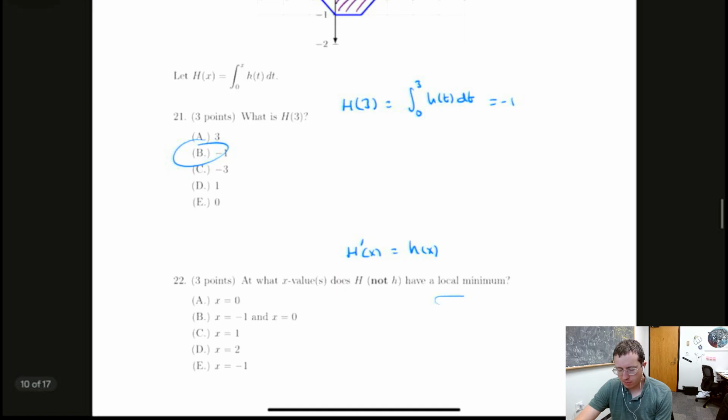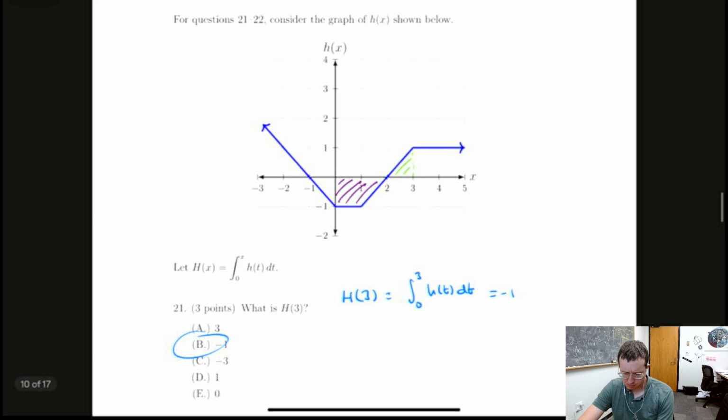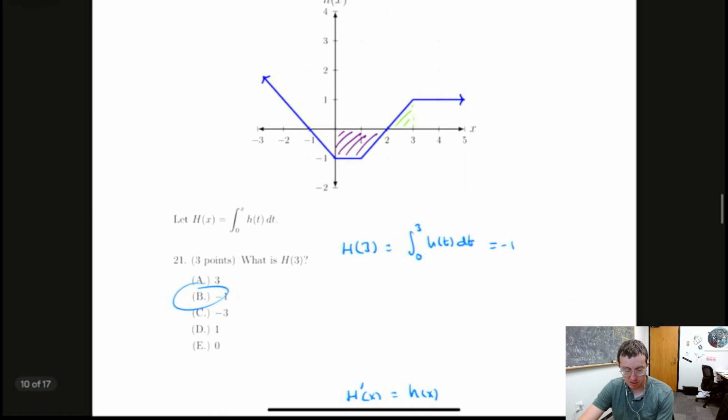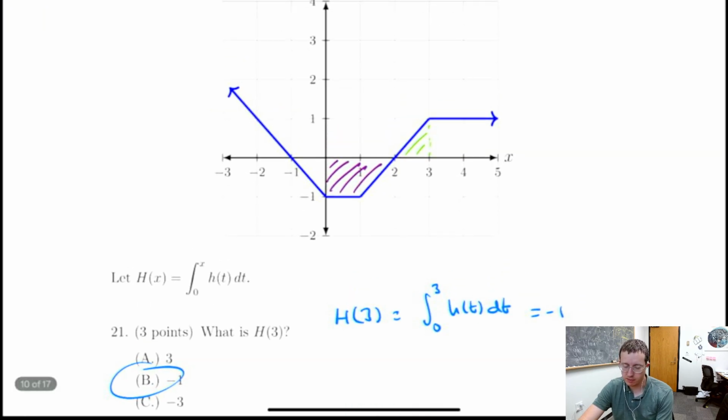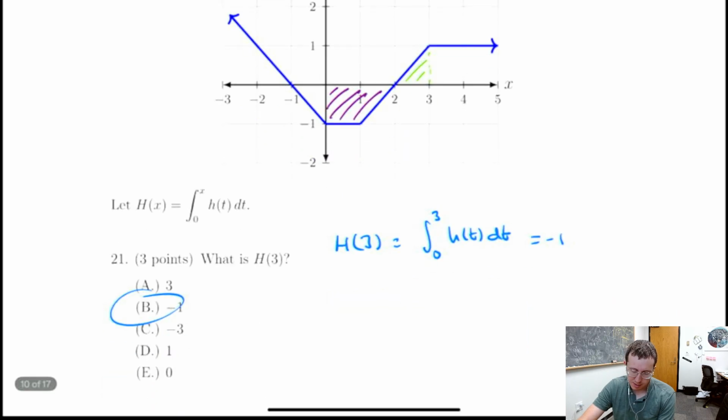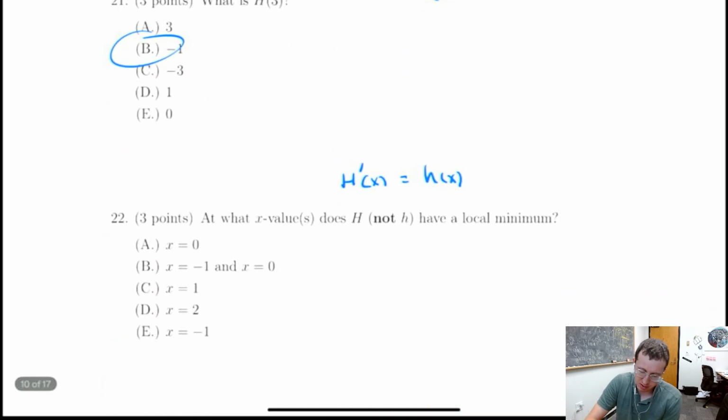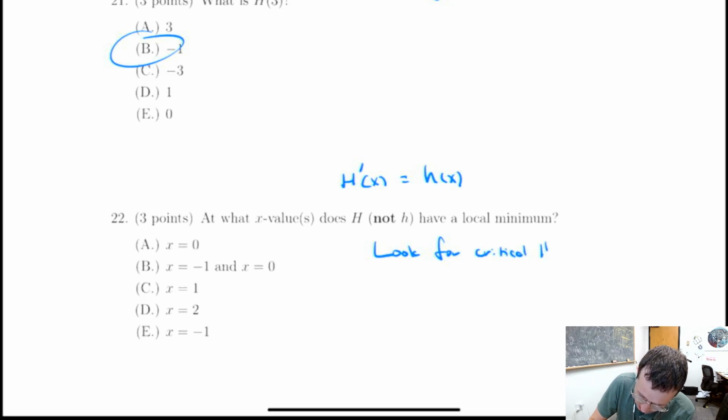So where does it have a local minimum? When we look for local minima or maxima, we start by finding the critical numbers. Critical numbers are the places where the derivative is 0 or undefined. But remember, I'm talking about critical numbers of capital H, not lowercase h.